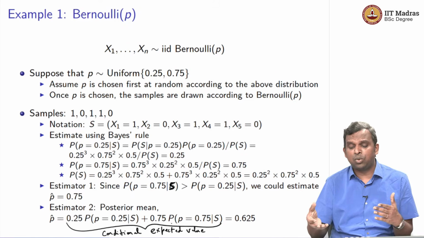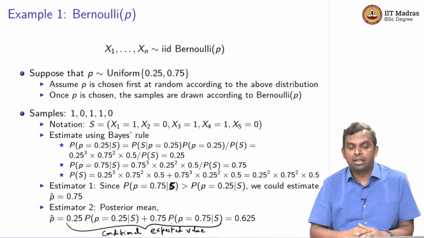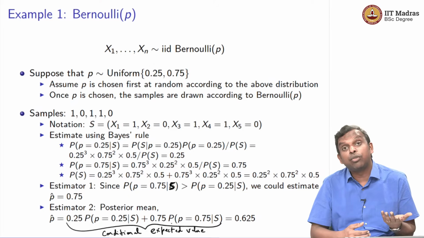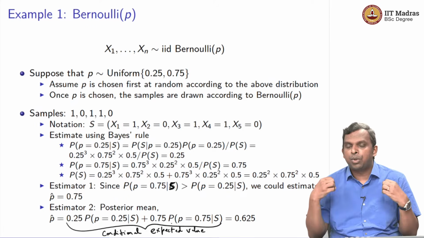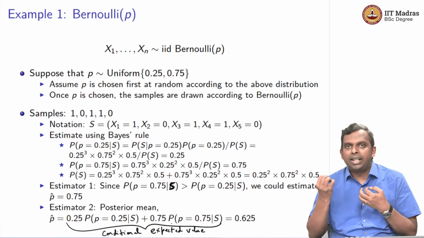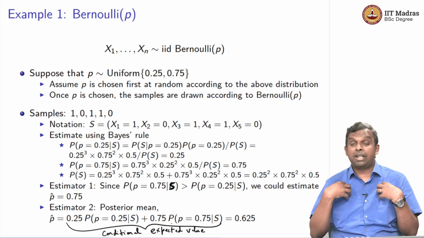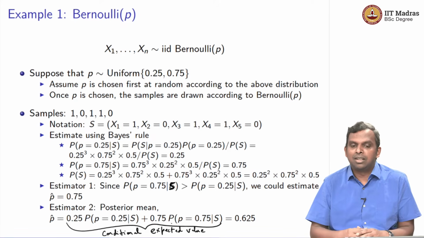Now, this value is different from our assumption of the distribution of P. It is neither 0.25 nor 0.75. Remember again, the assumption of the distribution on P is like a tool that we are using. It's some rough idea. So, the estimated value that you get for P hat need not be one of the values that you assumed in the prior distribution.